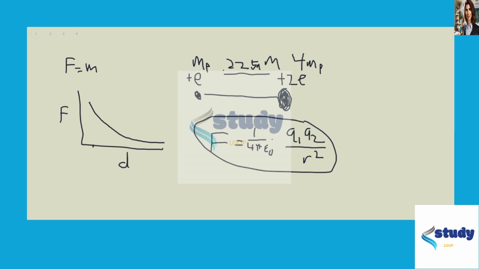So since we know that this acceleration is going to be positive, no matter what r is, it's going to get smaller and smaller, but it's still going to be positive. That means that both particles are going to be speeding up from the time they're released until they reach infinity.